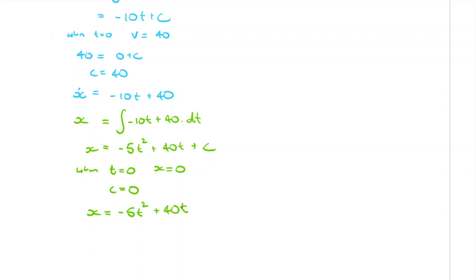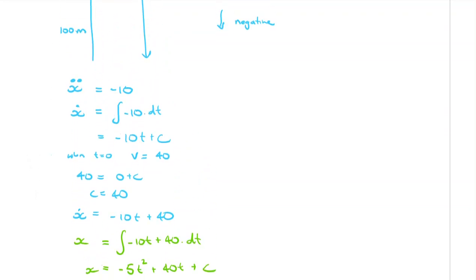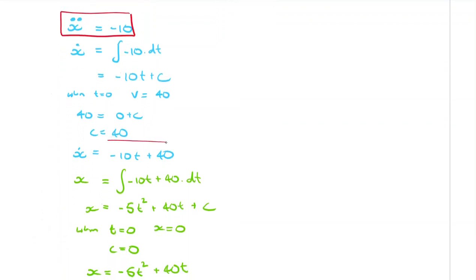All right, what else do I need to do? Looking back to my question. How long does it take to fall to the ground? So you might want to think about, these are the three main equations. That's my acceleration equation.